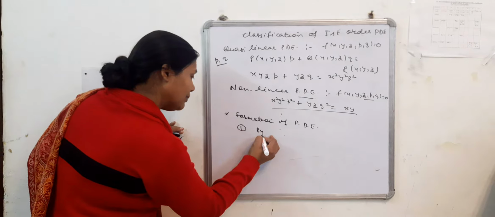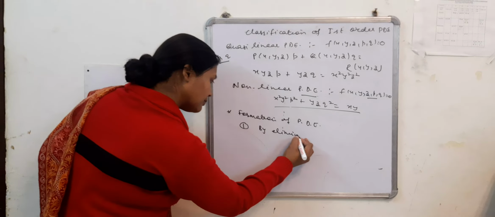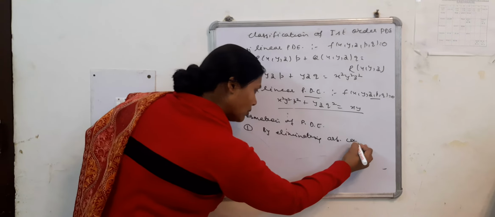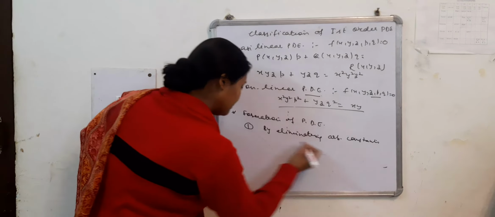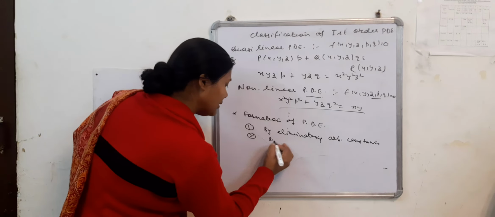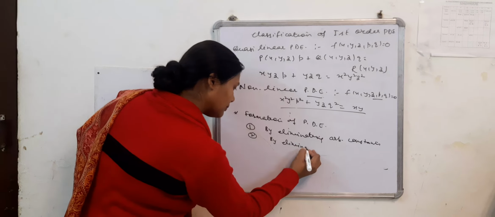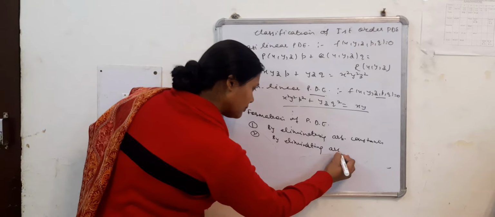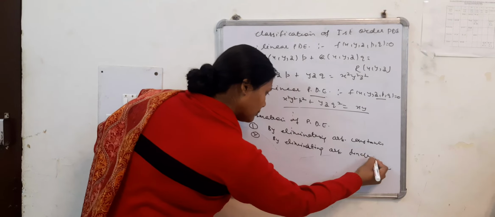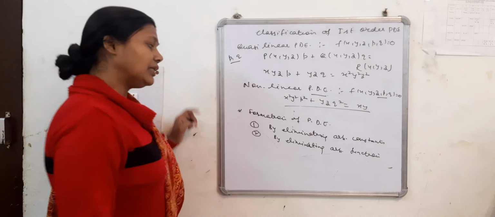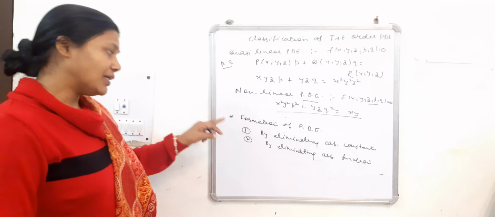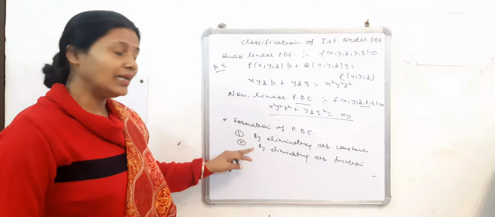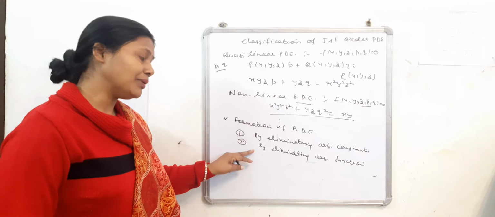One is by eliminating arbitrary constants and the other is by eliminating arbitrary functions.